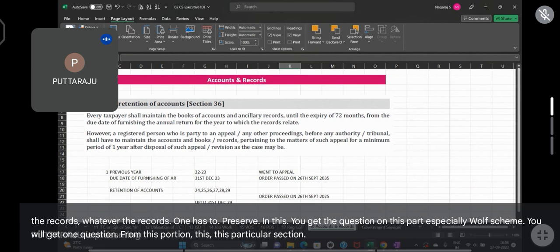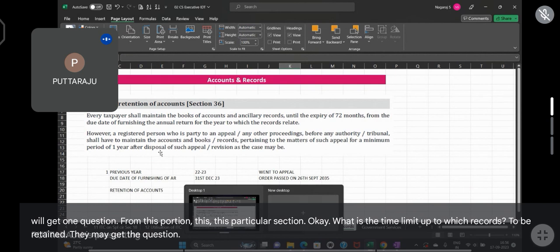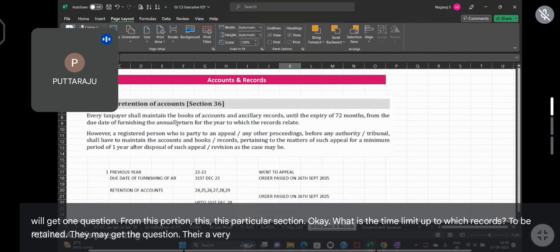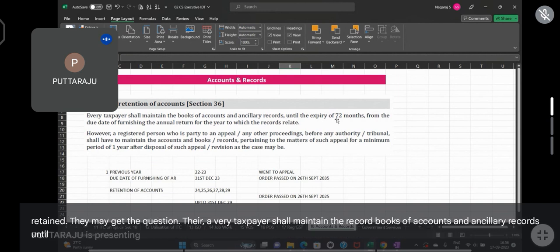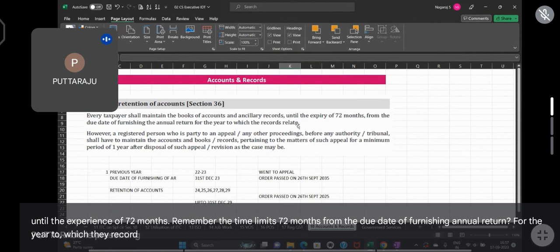What is the time limit up to which records are to be retained? Every taxpayer shall maintain the records, books of accounts and ancillary records until the expiry of 72 months from the due date of furnishing the annual return for the year to which the record relates.